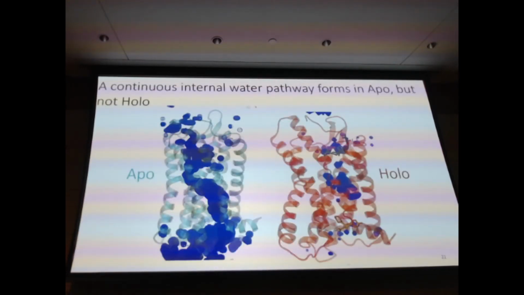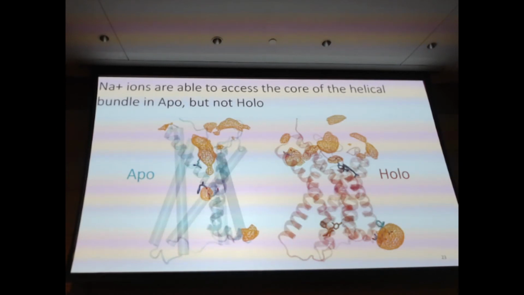So these are some cool things we also found, not necessarily from the MSM. We found that there's a continuous internal water pathway that forms in apo but not in holo, and this is evidence of GPCR activation if there's this internal water pathway. We also find that sodium ions can access the core of this helical bundle in these apo simulations, but not in the holo.